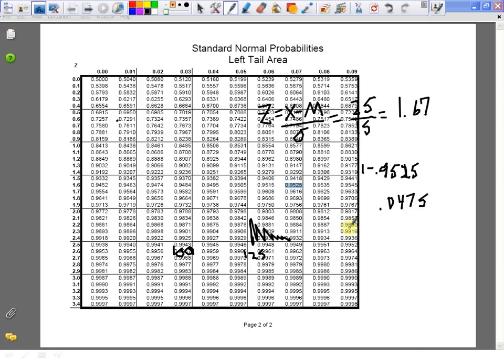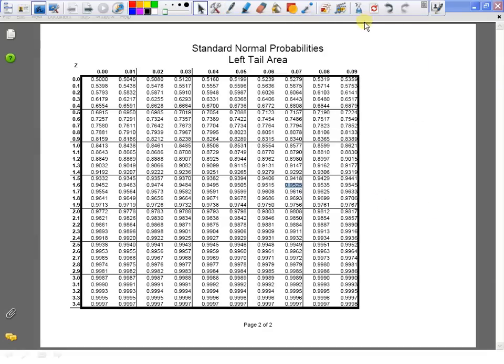So that's our answer. The probability of getting someone with an IQ score greater than 125 is about 4.75%, or a probability of 0.0475. So we'll take another look at the calculator.